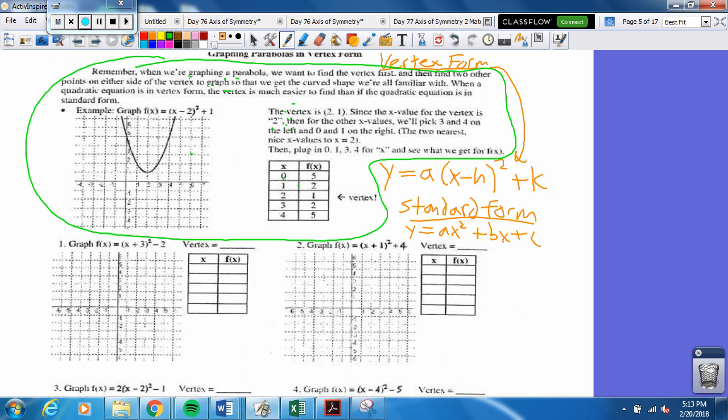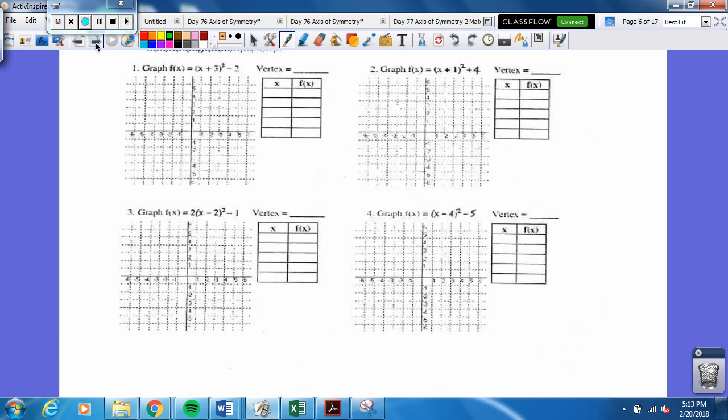Let's try this. So f of x equals (x plus 3) squared minus 2. What is the vertex? No problem. So the vertex is negative 3, negative 2.